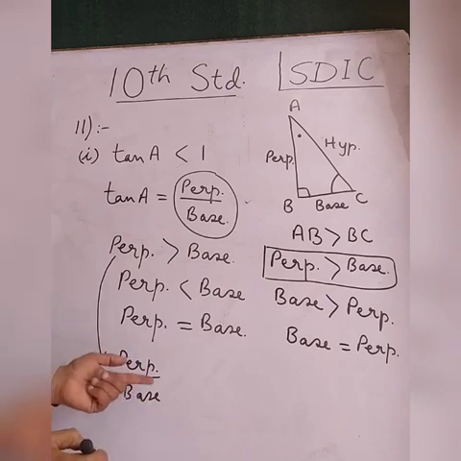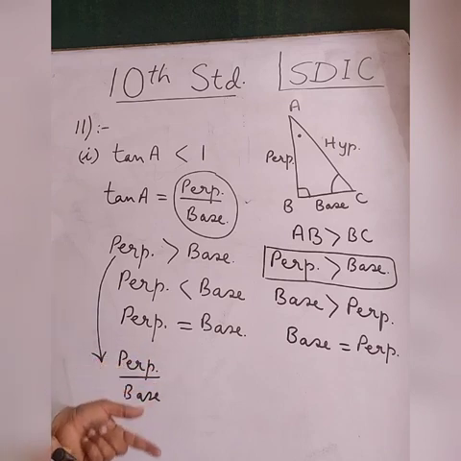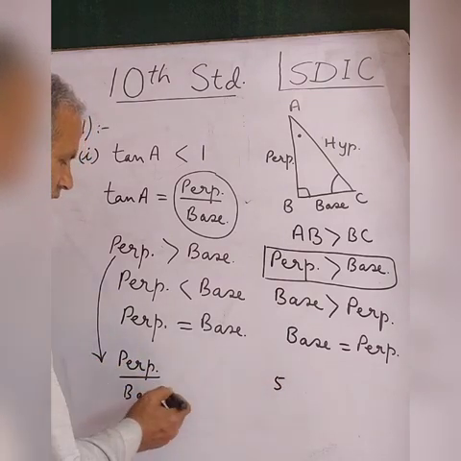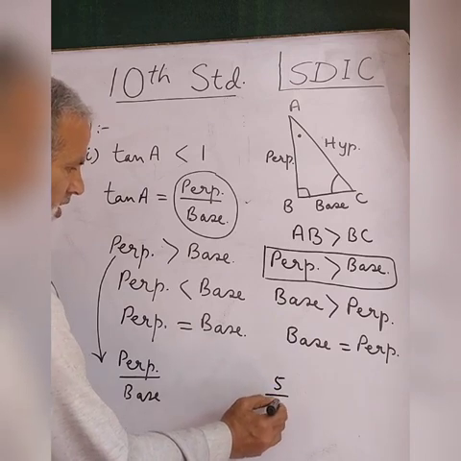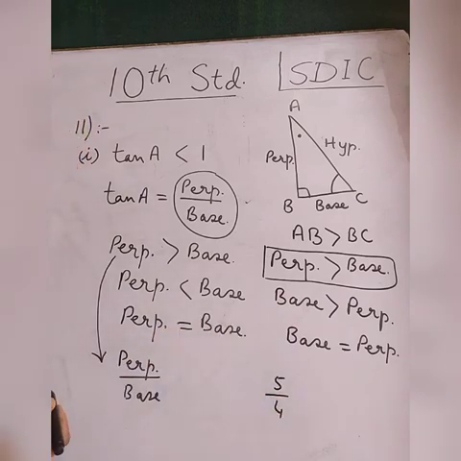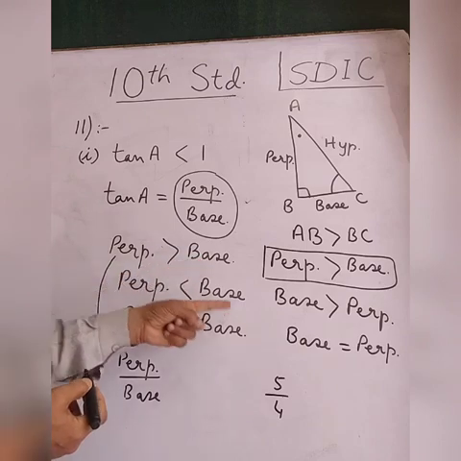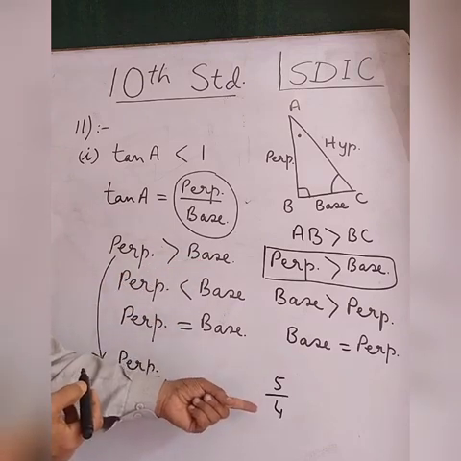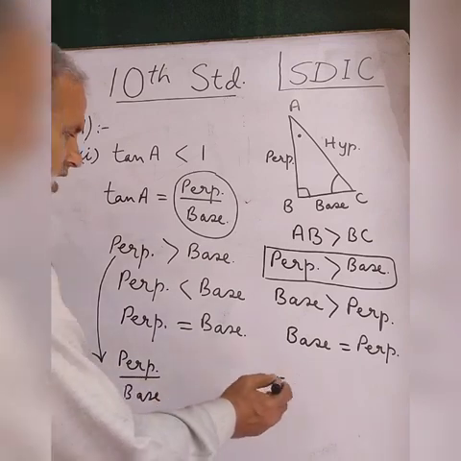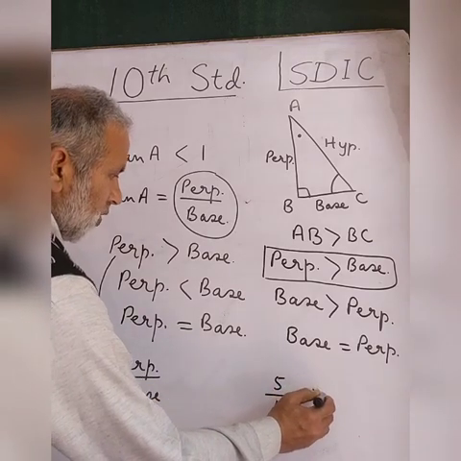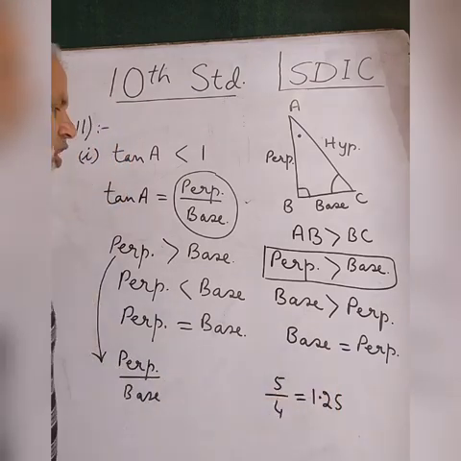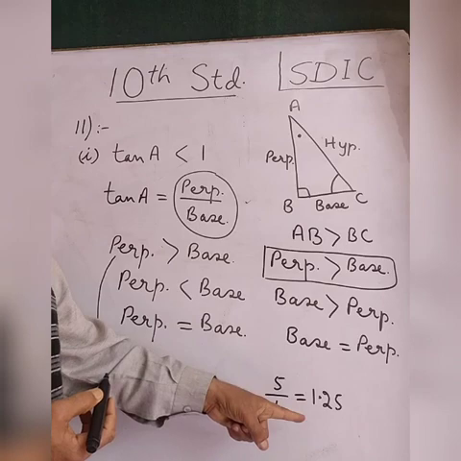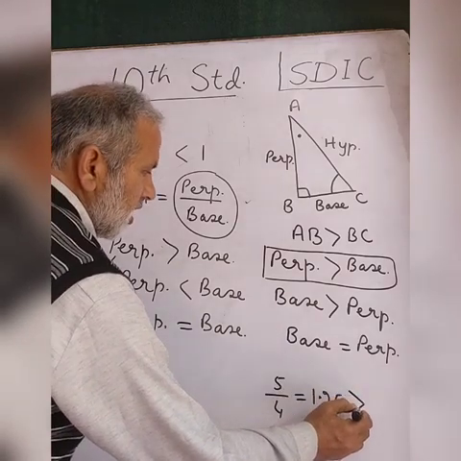Now, will the result be equal to 1, greater than 1, or lesser than 1? We'll take an example. Suppose we have perpendicular by base equal to 5 by 4. Perpendicular is larger than base. 5 is larger than 4. Now find out the value of 5 by 4. You will get 1.25. As we divide 5 by 4, we get 1.25. And what do you say? 1.25 is larger than 1.